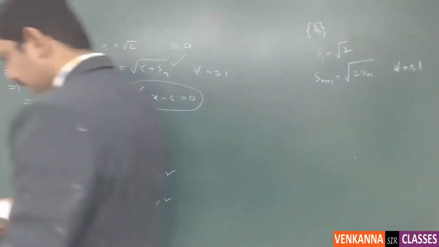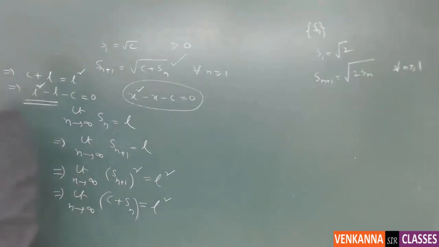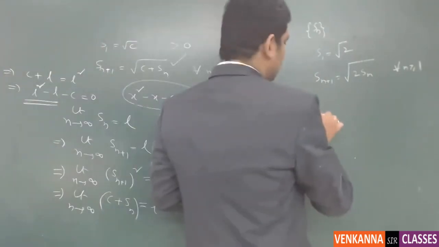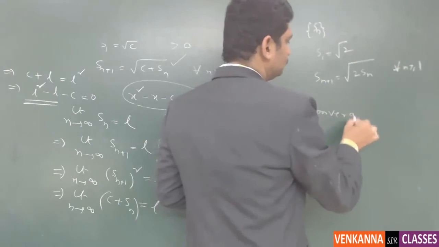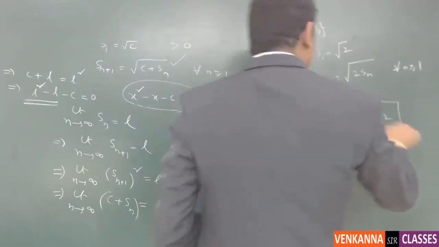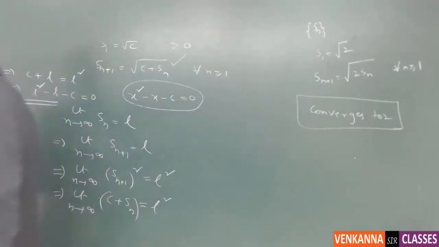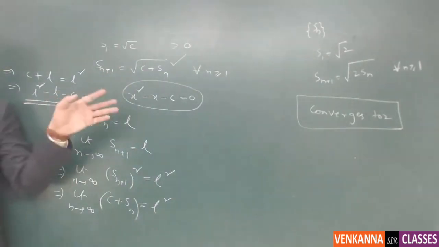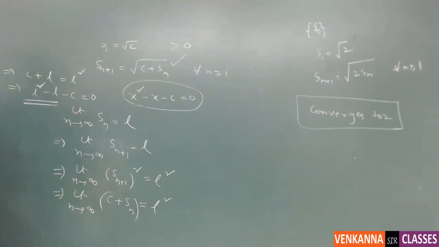That's it. And I also mentioned that it converges to the value 2. I have given the answer also for you. It converges to 2. So you just try this problem as an assignment using the mathematical induction technique.